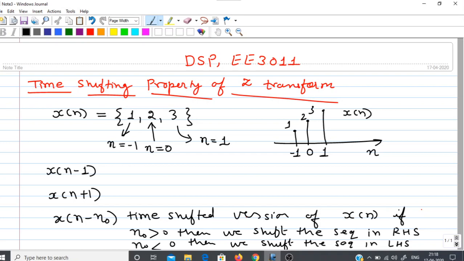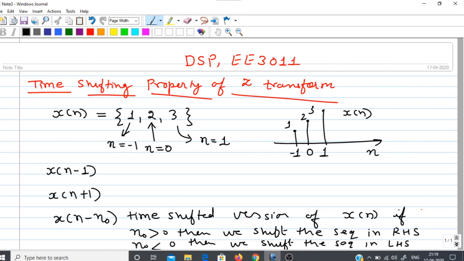So if I try to draw x of n minus 1, what would it be? If we are trying to find x of n minus 1, it means we are shifting this sequence in the right hand side direction. So this value 1 which is occurring at minus 1 will shift to n equals 0.